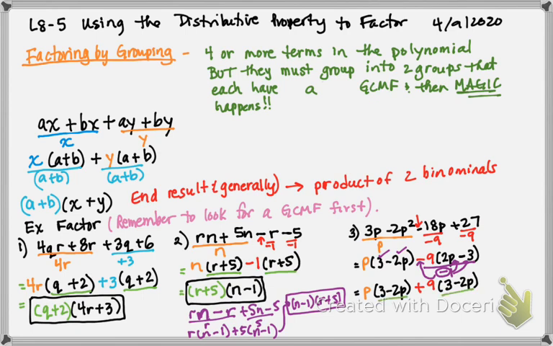Absolutely. So then we get 3 minus 2p. I divide them out, and what I'm left with are my 2 factors, the GCMFs, p plus 9. Can't pull anything out from either one of those, so there's my answer.